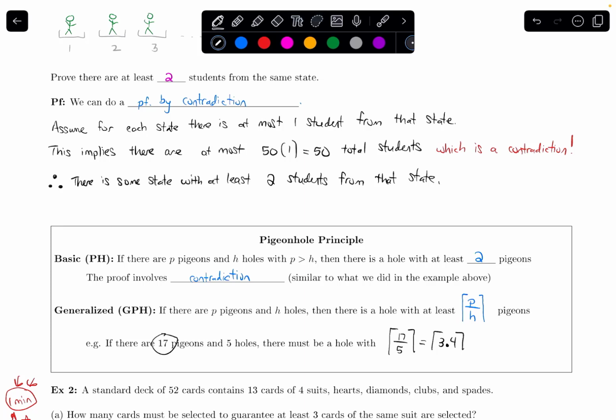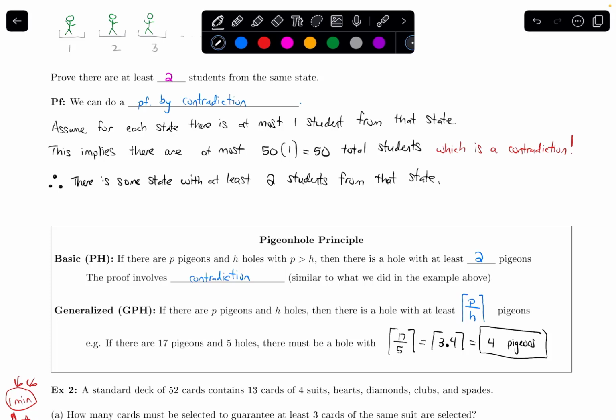But with 17, I'm going to have some extras. And that's what this decimal is indicating to me, that I have some extras. So the ceiling of 3.4 is 4. There's got to be some hole with at least 4 pigeons in it. So that is our generalized pigeonhole principle.